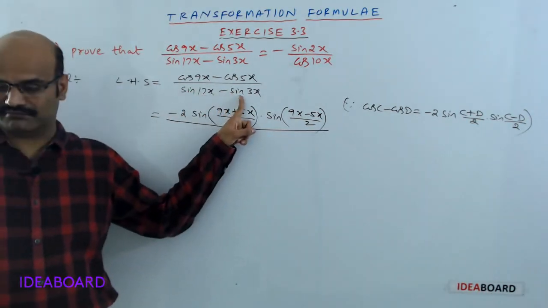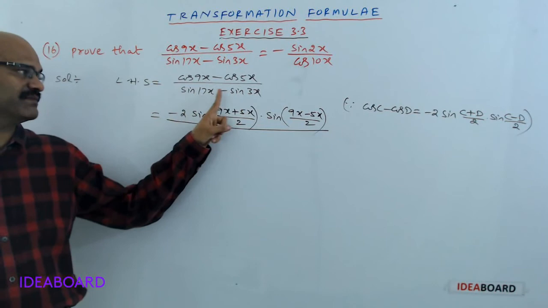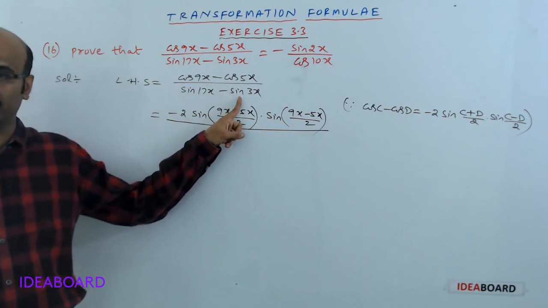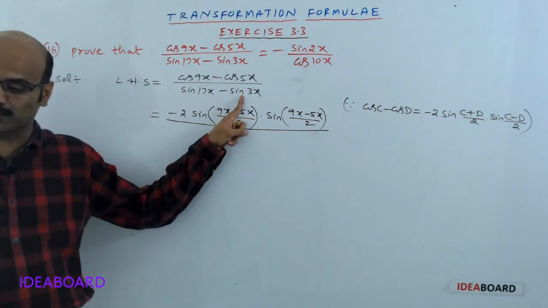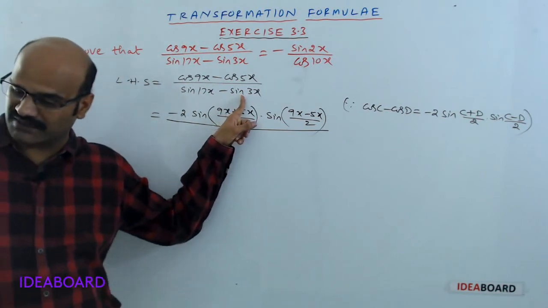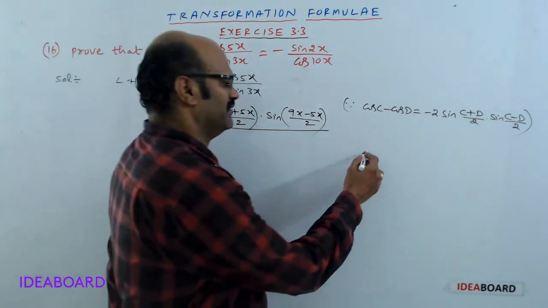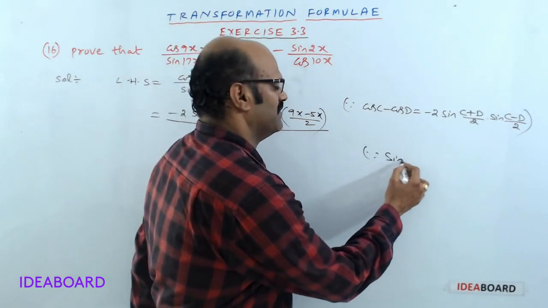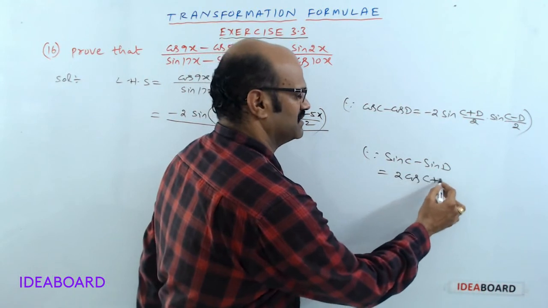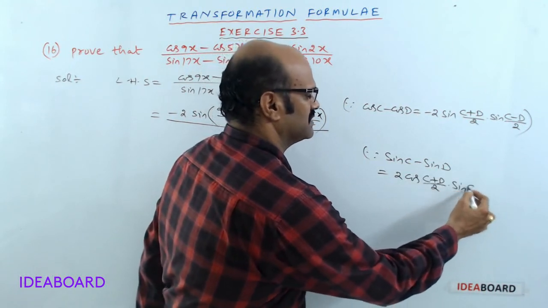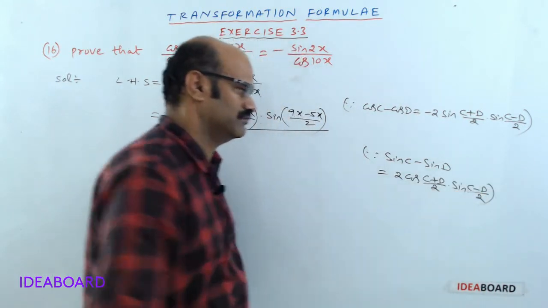sin c minus sin d. It's in the form of sin c minus sin d. Now we have to write the difference of these two trigonometric functions into a product of trigonometric functions. For that we have to take the formula sin c minus sin d equal to 2 cos of (c plus d) by 2 into sin of (c minus d) by 2.